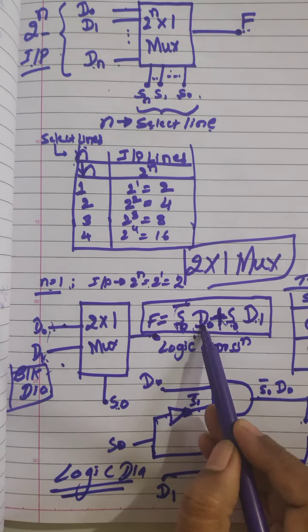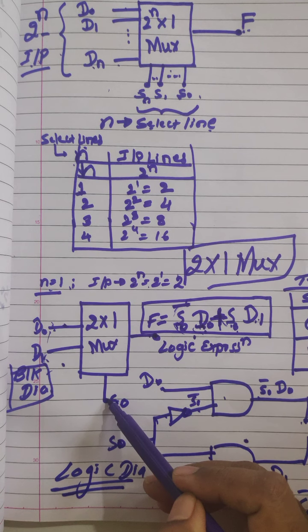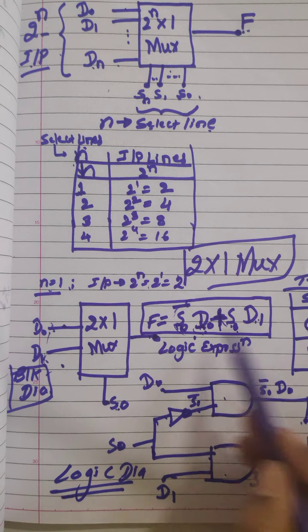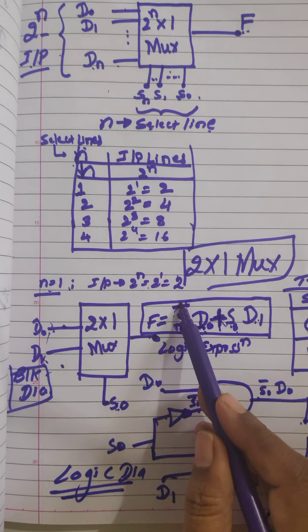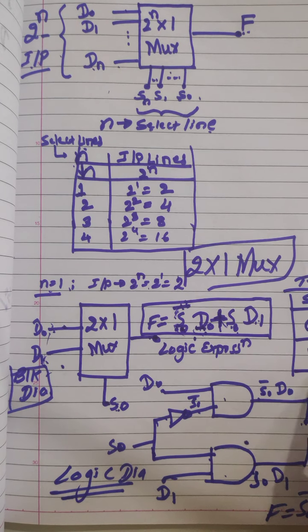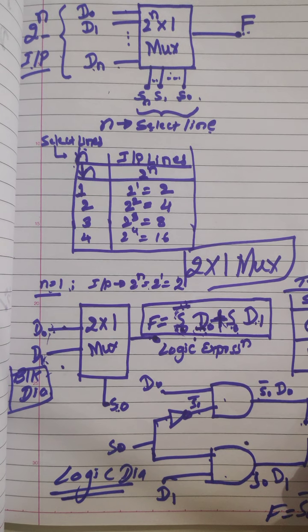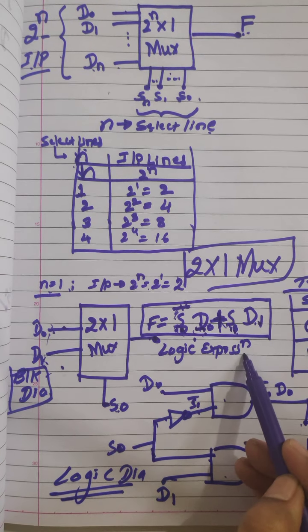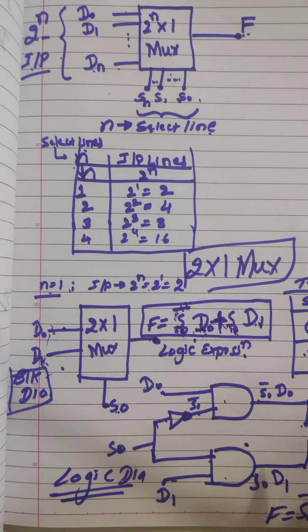When S0 is 0, it is going to be D0, that is S0 bar D0. Or the output can be D1 if S0 is equal to 1. So this is the logic expression, and this is the truth table.